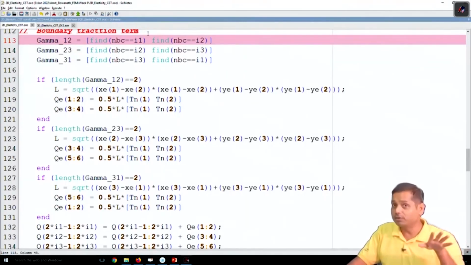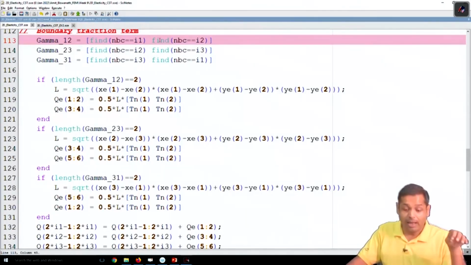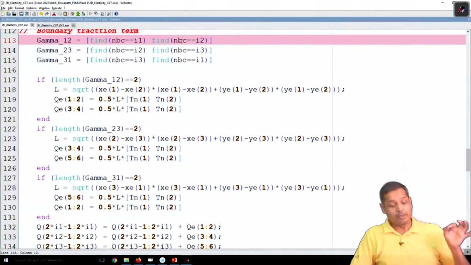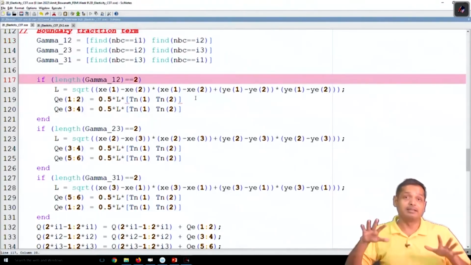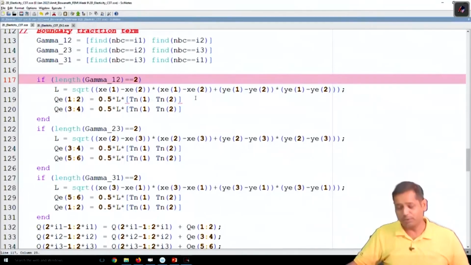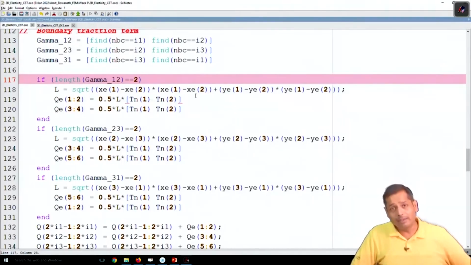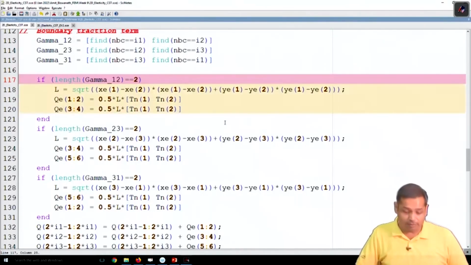But even in that case, no boundary condition needs to be specified. If both the nodes belong to NBC, then the size of gamma 1, 2 will be 2, and gamma 1, 2 will carry both. If the length of gamma 1, 2 is 2, it means that the natural boundary condition needs to be specified. So it is an indirect way of identifying whether a natural boundary condition is to be prescribed on this boundary or not.